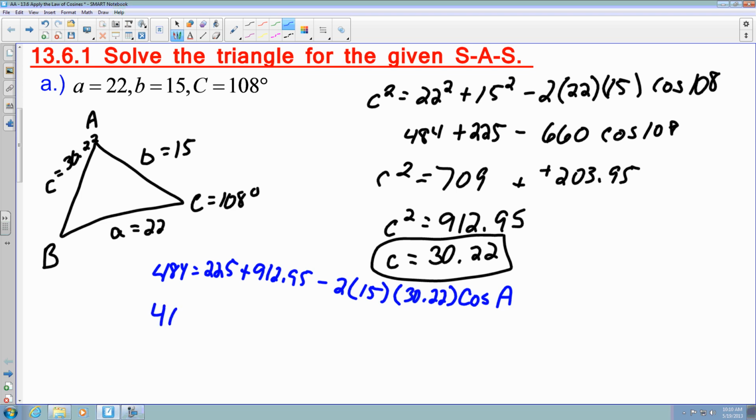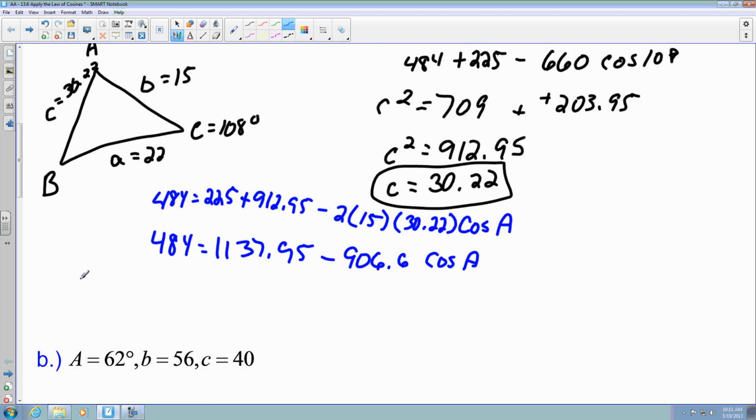So let's solve this out. I have 484 equals 225 plus 912.95, which gives me 1137.95, and then minus 2 times 15 times 30.22, which gives me 906.6, times the cosine of A. This is kind of like algebra where the cosine of A is a variable, so let's solve for the variable.